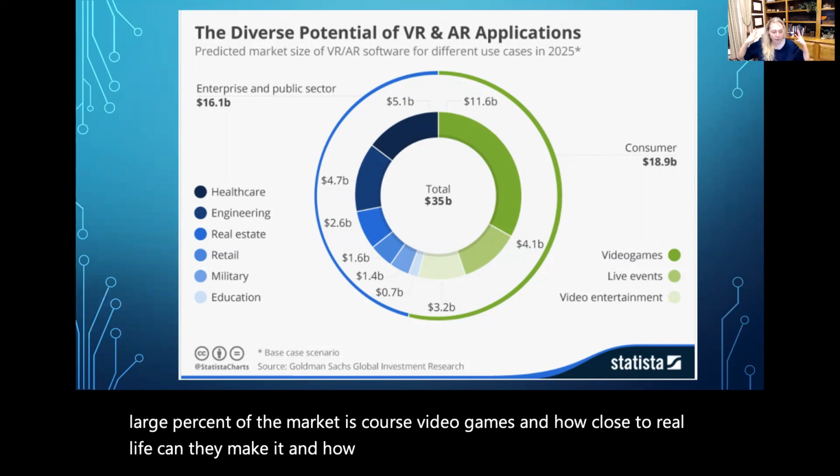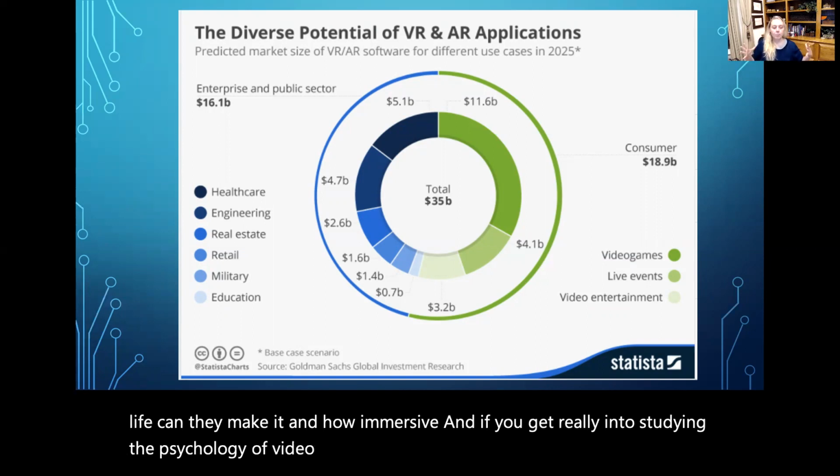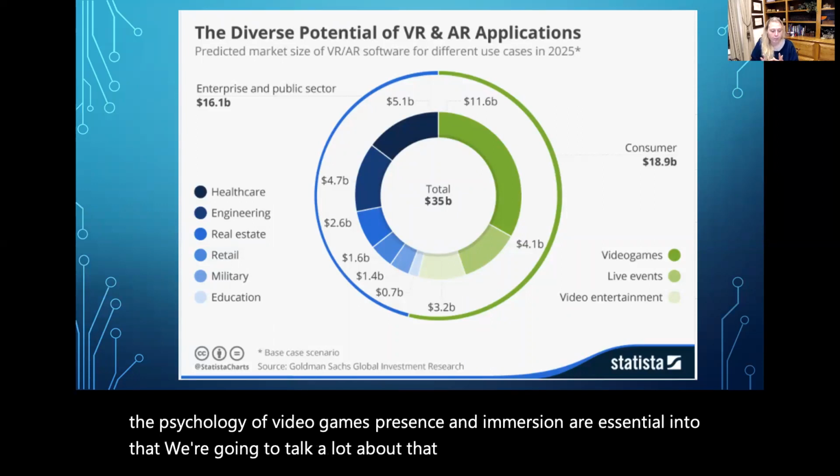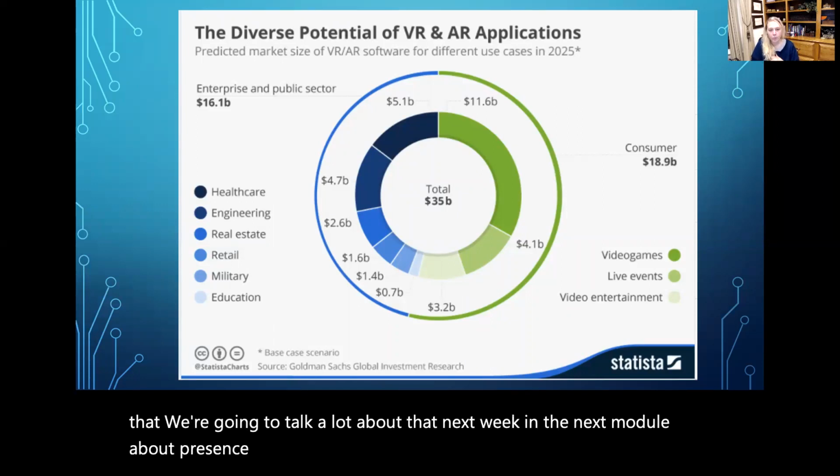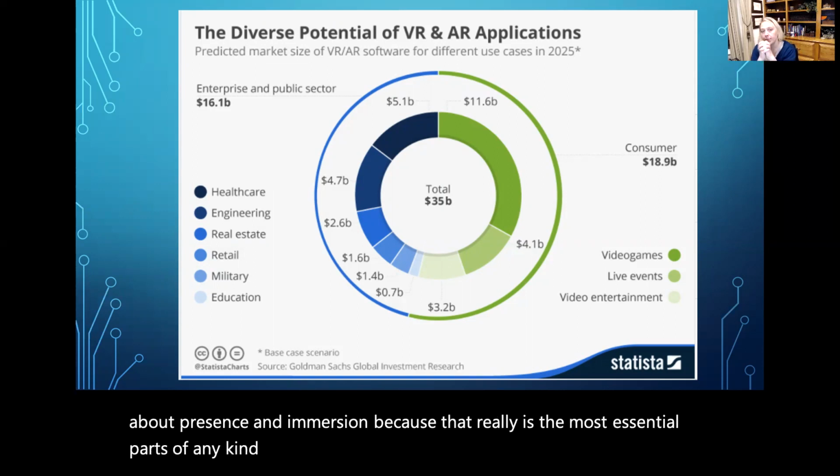If you study the psychology of video games, presence and immersion are essential. We're going to talk a lot about that in the next module, because that really is the most essential part of any kind of VR or AR application.